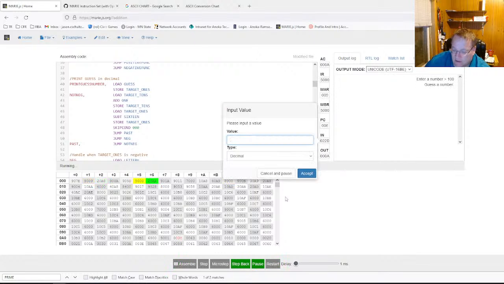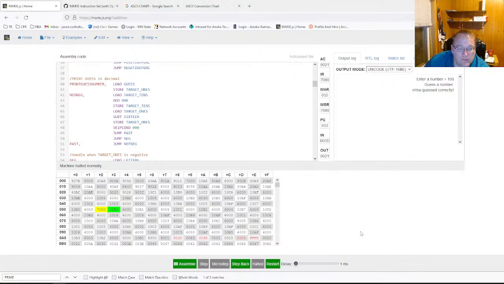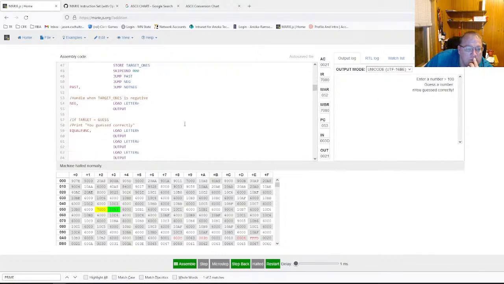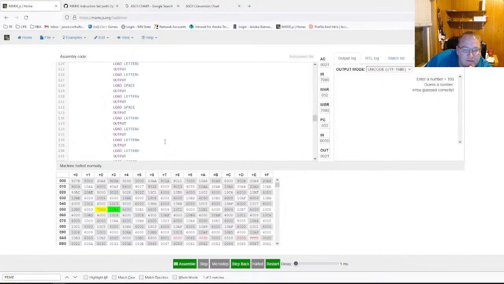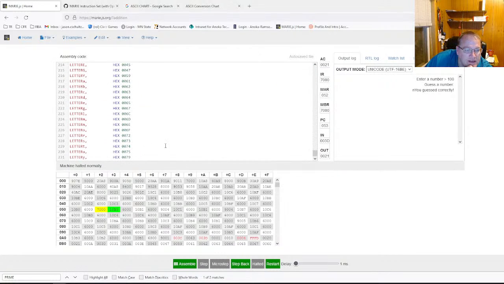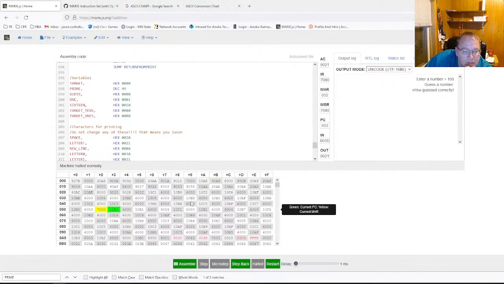555. Let's go 61. Okay, we need to figure out what is in each of these spots, each of our variables. Now our target, we know that our target is 3C. And here is our guess.